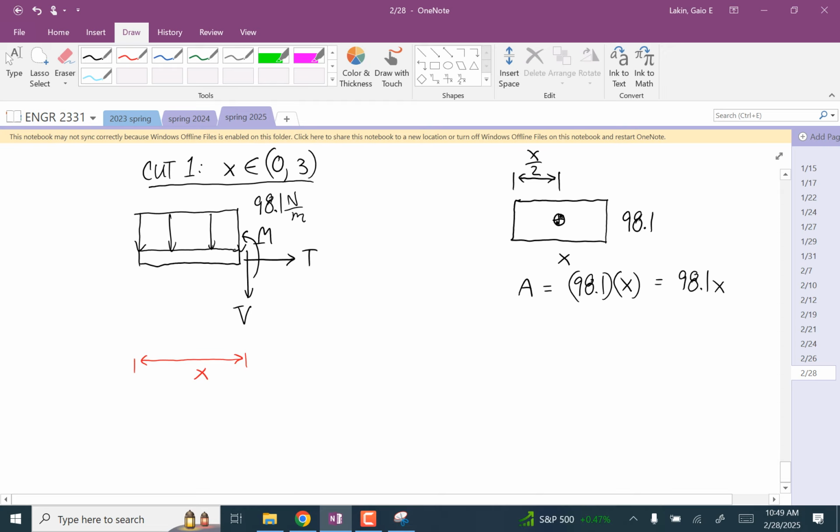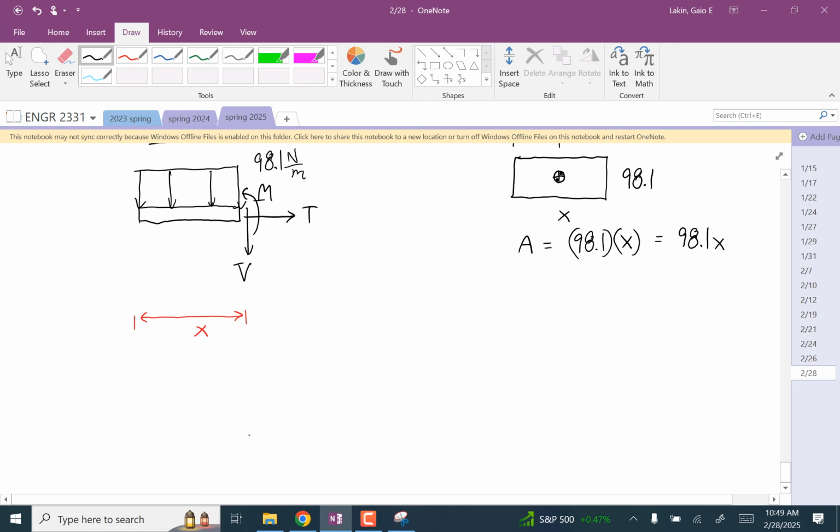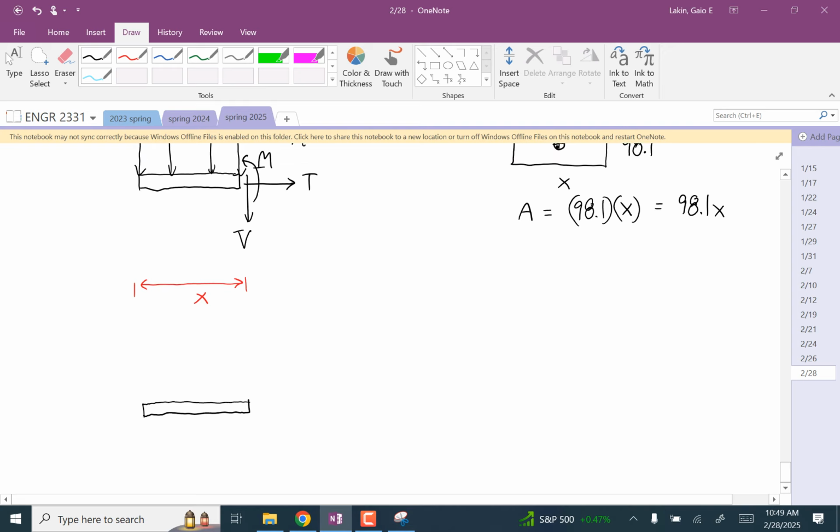So now I'm going to redraw this free body diagram, given what we just figured out about the equipollent point force. At the centroid of that rectangle, we have a downward force of 98.1x because that's the area of that rectangle. And then we have the internal loads, T, V, M.